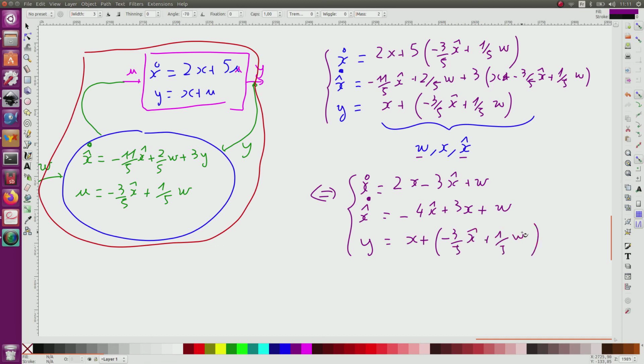Okay. I can also write this in a matrix form.